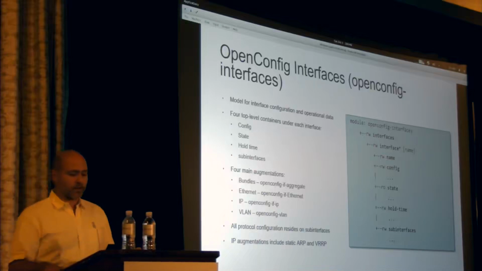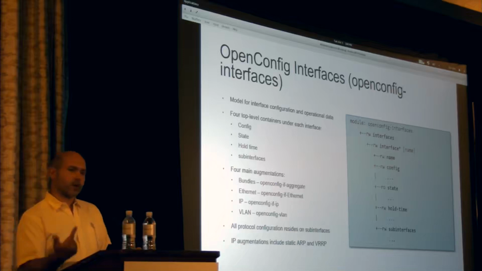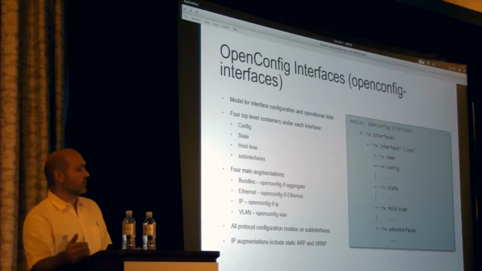Interfaces are identified by a name. And each individual interface is going to have a config block, a state block, a hold time, and sub-interfaces. In this model, each interface has sub-interfaces in it. And if you want to, for instance, configure the IP attributes for an interface, all that IP configuration actually happens on the sub-interface.